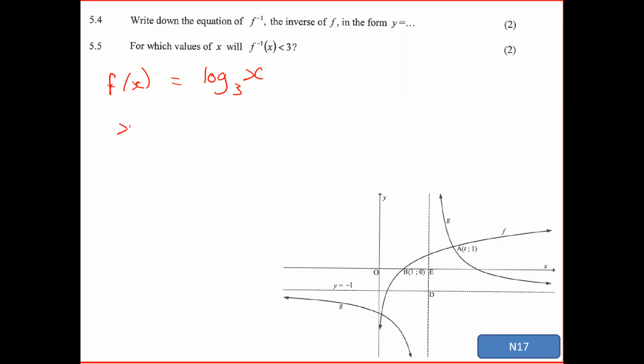F of x is y, it now becomes x, which is equal to log y base 3. And then we're going to write in exponential form. Okay. So our base is 3, that'll be our exponent, is equal to y, and there we have our inverse, y equal to 3 to the power x. It's set in the form y equal to, so we can stop at that form.